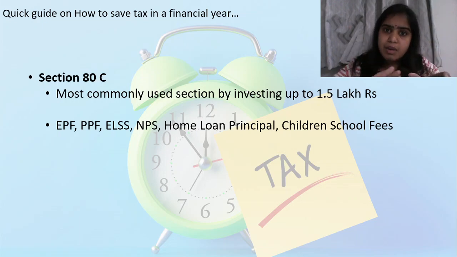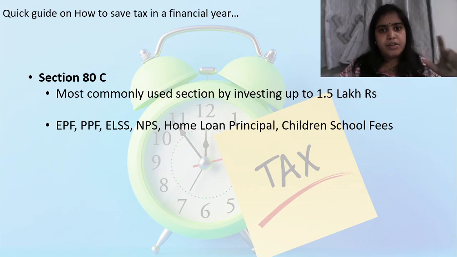For example, if our EMI is say 25,000 and the principal part is 10,000 and 15,000 is interest, because recently we have taken the loan, then this 10,000 multiplied by 12 months in a financial year becomes 1,20,000 rupees.